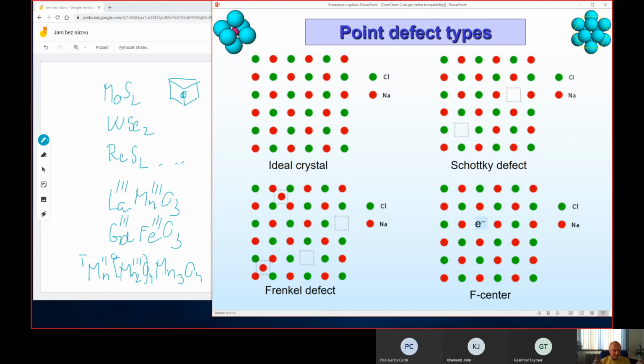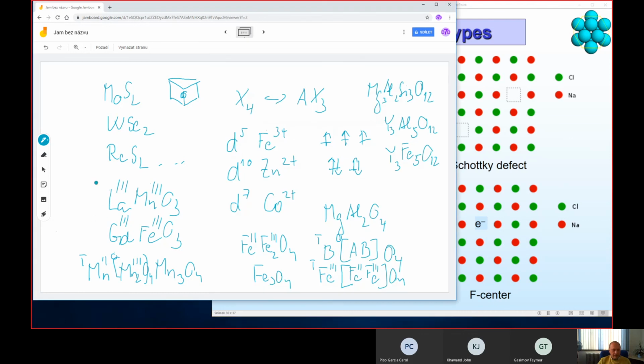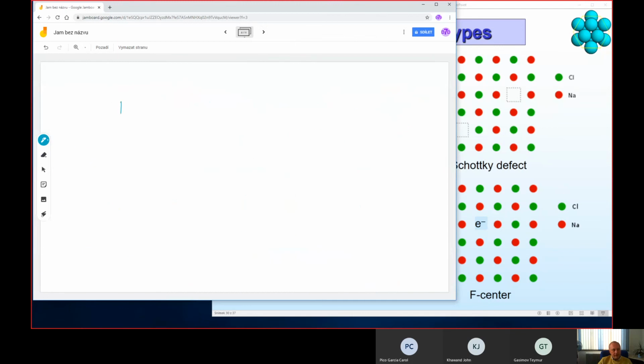So let's say, if we have lanthanum manganese trioxide and we make a substitution defect on the large cation sublattice, and we substitute lanthanum, let's say by strontium, and lanthanum is 3+ and strontium is 2+, then in order to preserve the charge balance, we must have manganese 3+ (1-x) and manganese 4+ x.